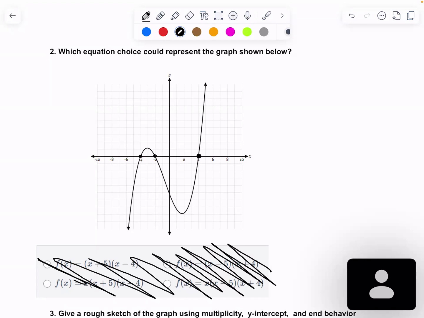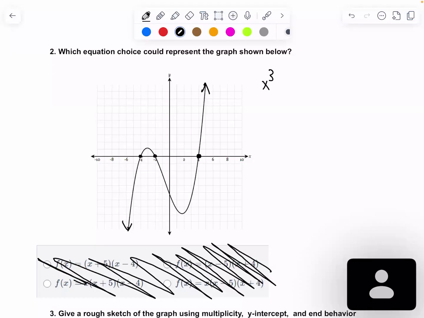But remember, all of these cross the axis. So they have to be either multiplicity 1, 3, or 5. So let's just assume that they're all 1. So my first root, the second thing we know is it also has to be like some odd function, like a cubic, right? Because the end behavior is up on the right and down on the left, right?